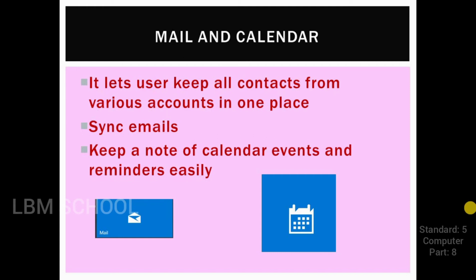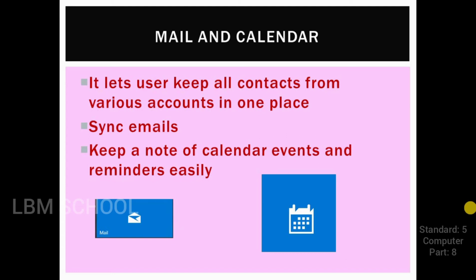The user can keep all the contacts from the various accounts. You can synchronize all the emails in the mail application, and in the calendar application, you can keep a note of calendar events and reminders.